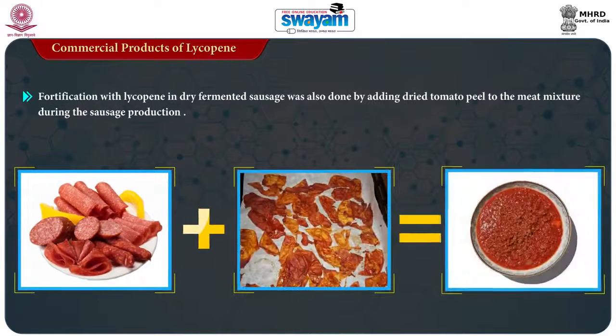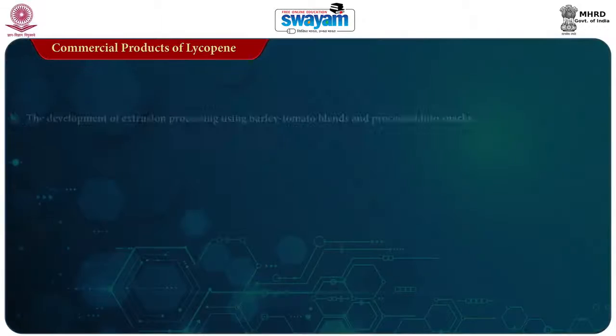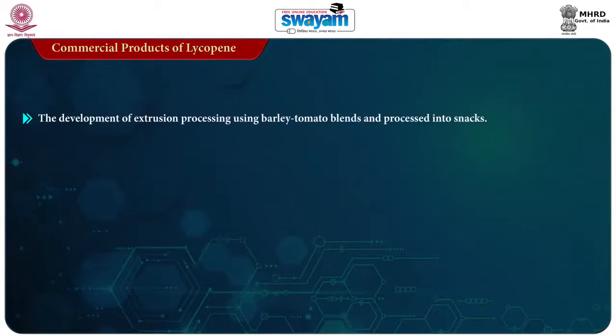The fortification with lycopene in dry fermented sausages was also done by adding dried tomato peel to the meat mixture during sausage production. Extrusion processing was developed using a barley-tomato blend and processed into snacks.